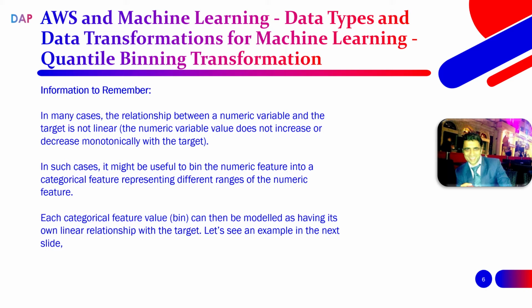In such cases, it might be useful to bin the numeric feature into a categorical feature representing different ranges of the numeric feature. Each categorical feature value can then be modeled as having its own linear relationship with the target.